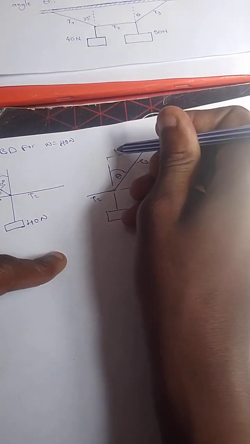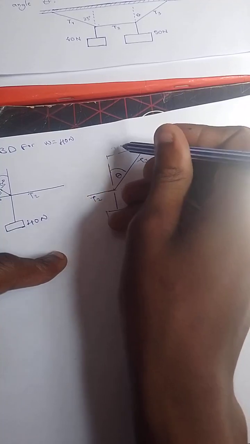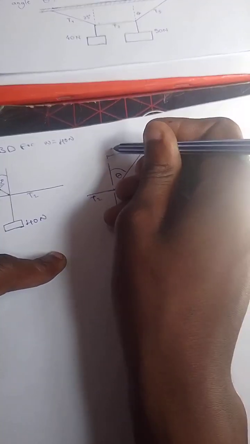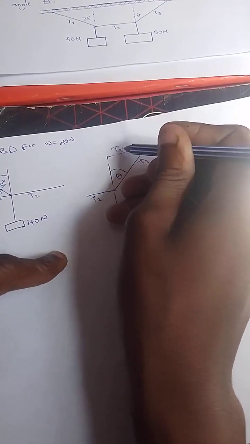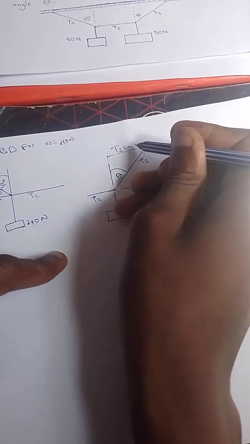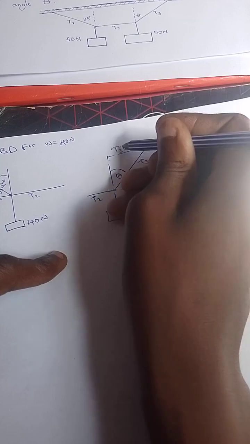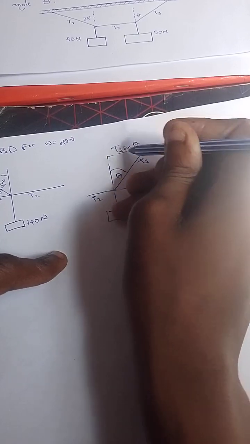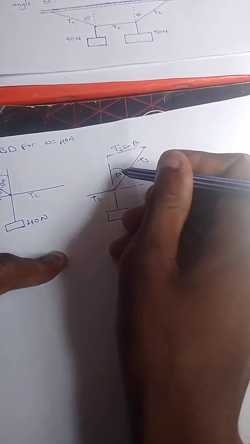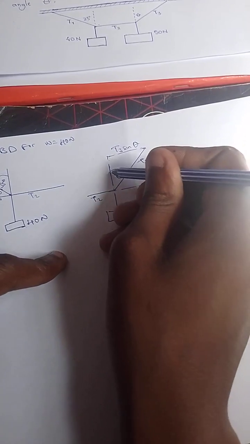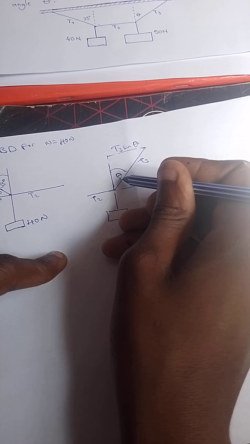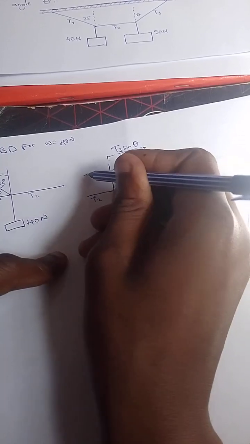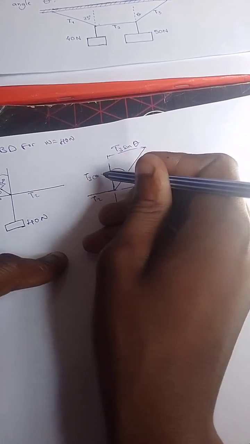Now if you look at this theta, it is opposite to this side. So on top, if this is T3, on top it will be T3 times the sine of the angle theta, since it's the opposite. Whatever is opposite is sine. Then here, since this side is adjacent to this angle, this is T3 times the cosine of the angle theta.